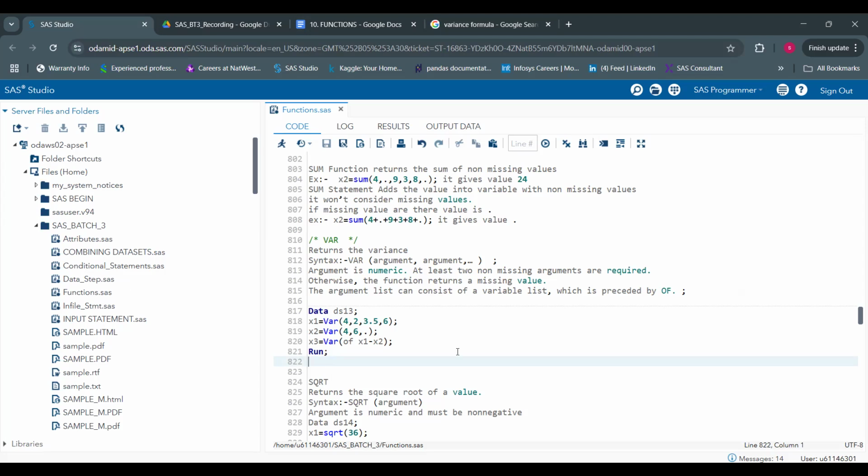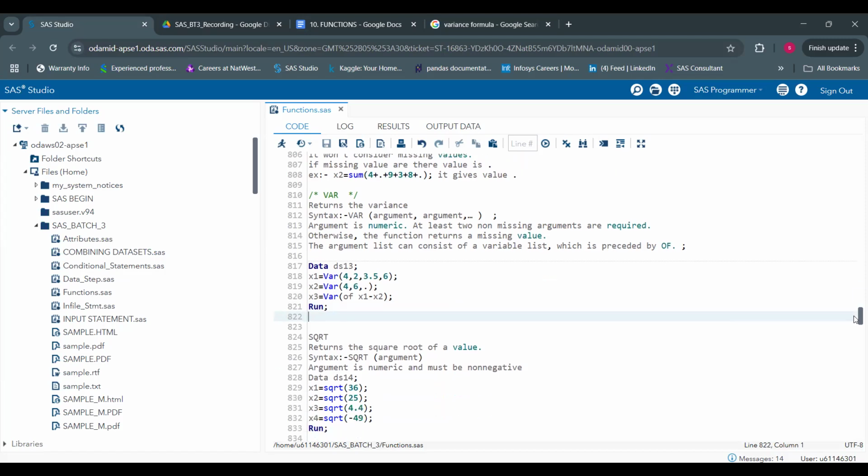The closer to the mean, the data is in a good shape. It's not that all the data points should be close to the mean.